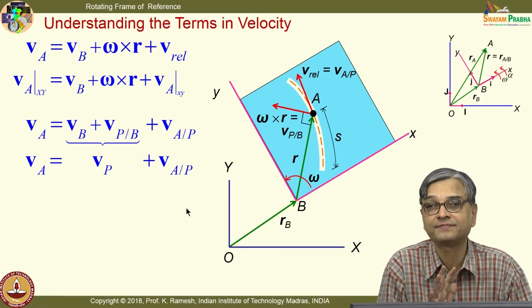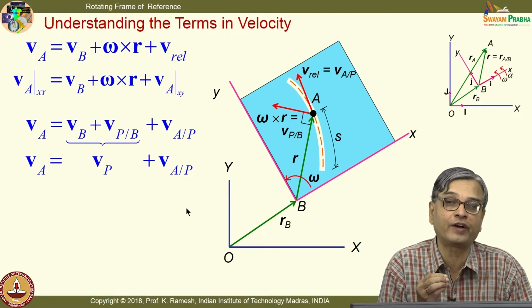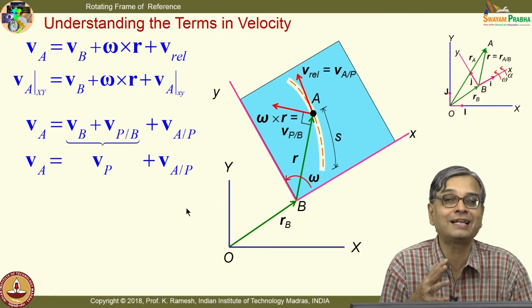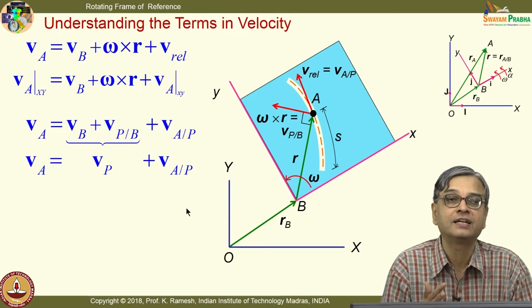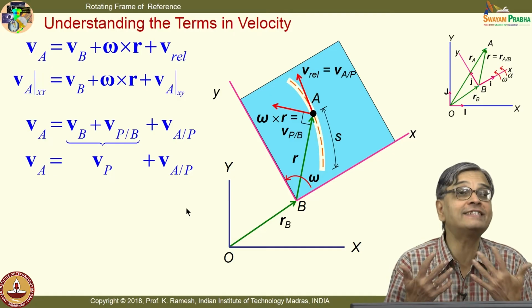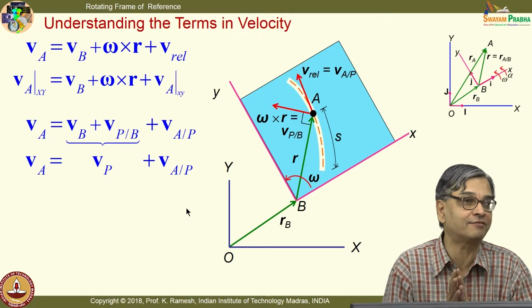Is the idea clear? See, my ultimate objective is to find out what are the quantities I get from a rotating frame of reference and what quantities I do not see. Both are my interest now.